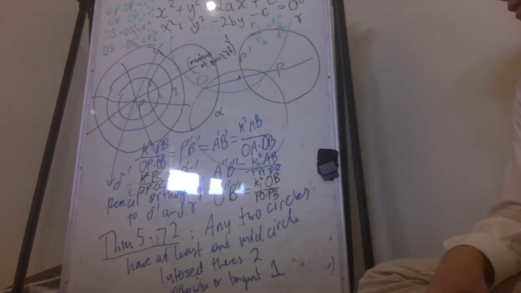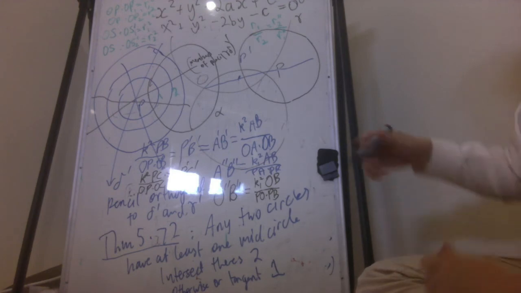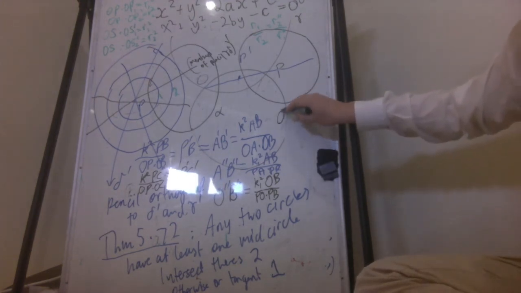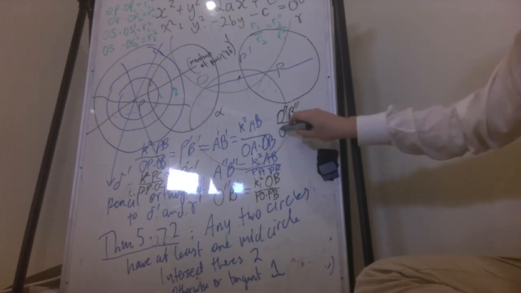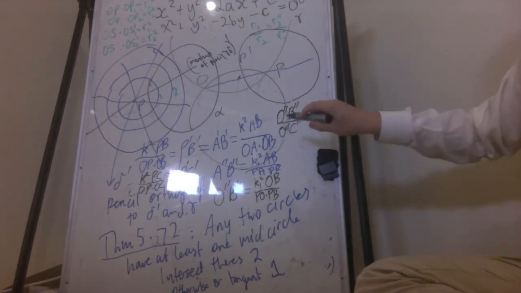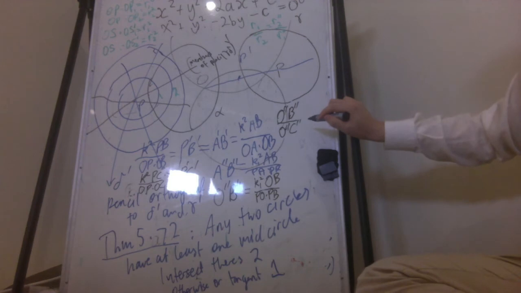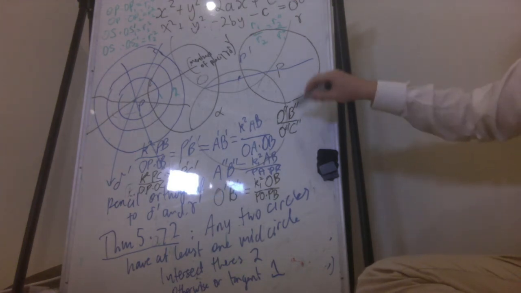Does it? Well, if you reciprocate it, then you get O double prime B double prime on O double prime C double prime, because we're on the ratio of the radii.